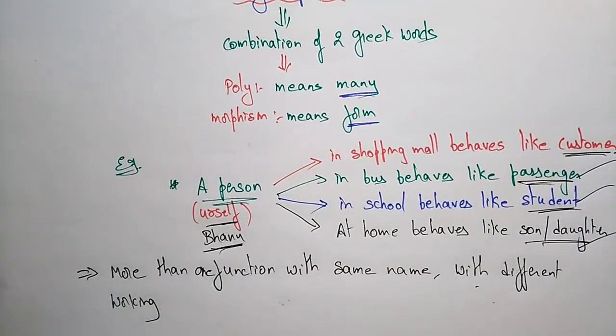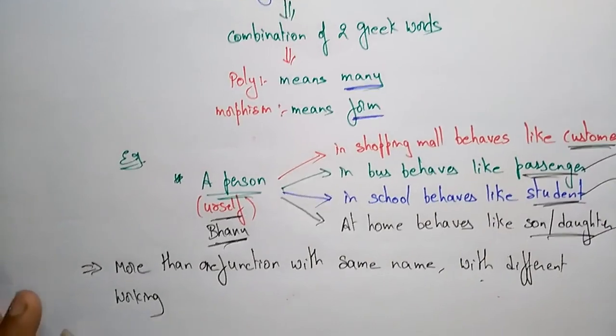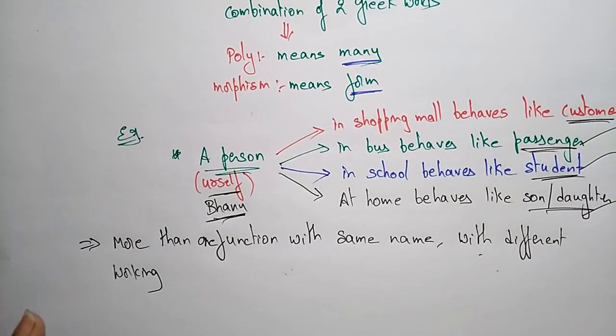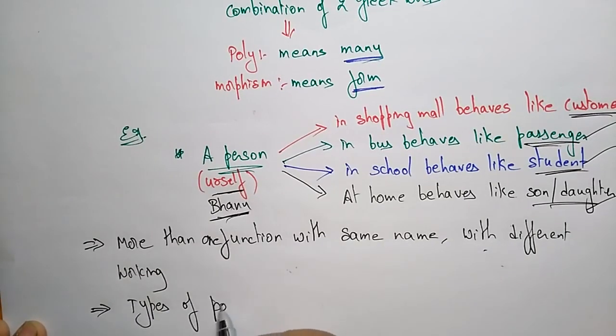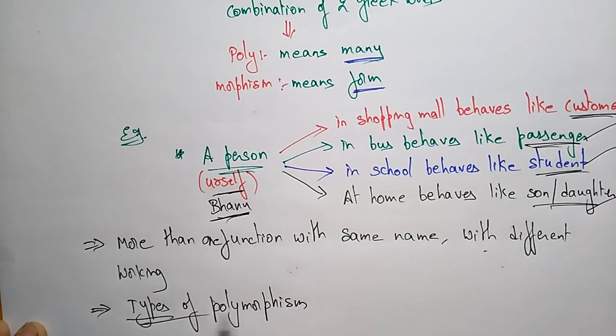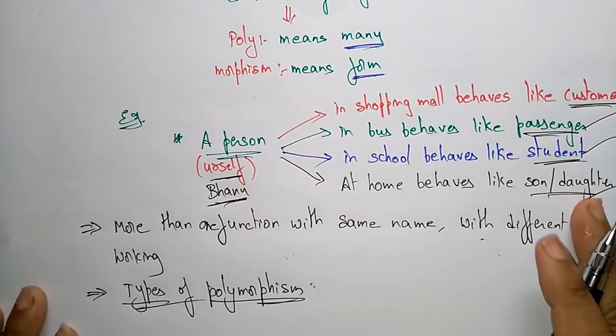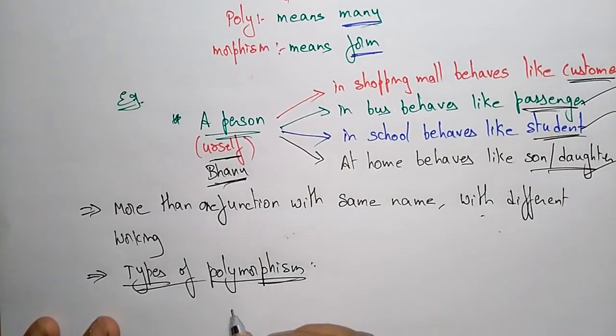I hope you understand what polymorphism is. Now coming to the different types of polymorphism. Actually, polymorphism is of two types.